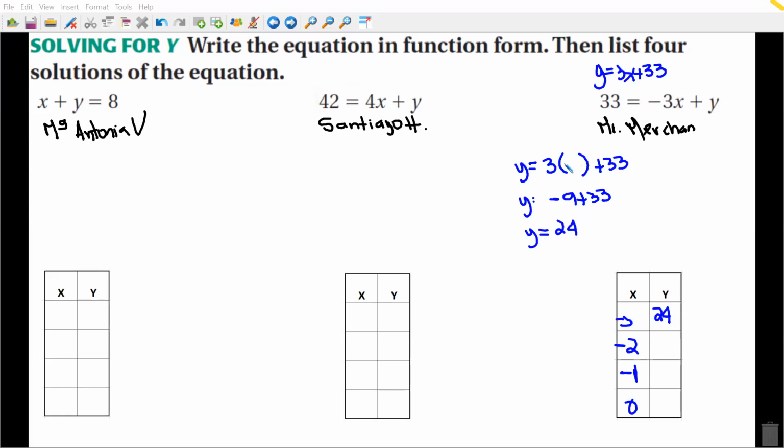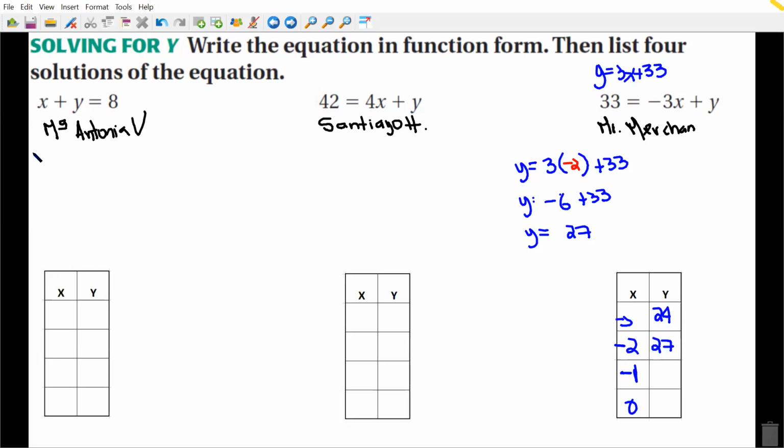Right? Yes. So I will erase this one. And 3 times negative 2, what's the answer? Negative 6. So negative 6 plus 33, 27. And that's the value I'm going to write over here.